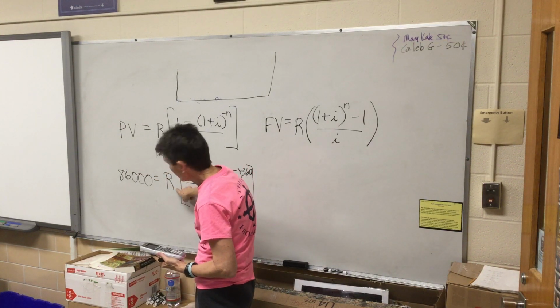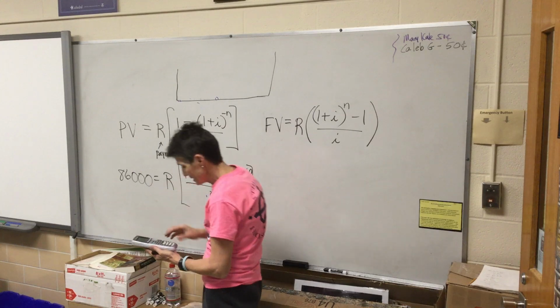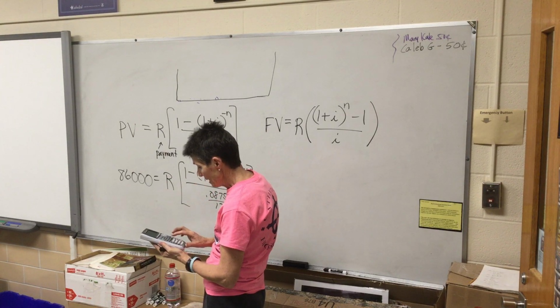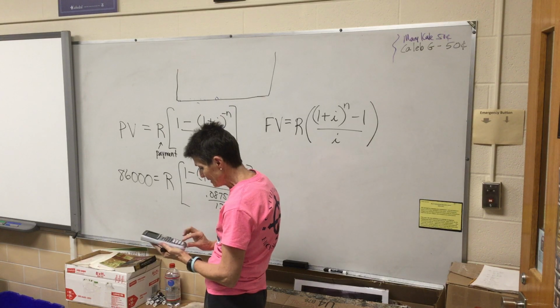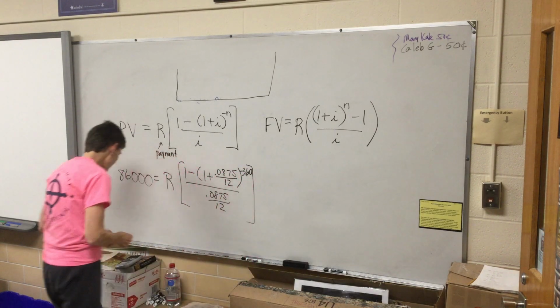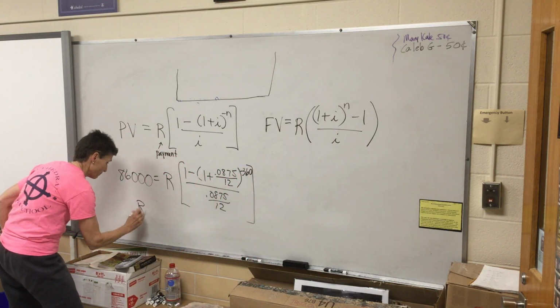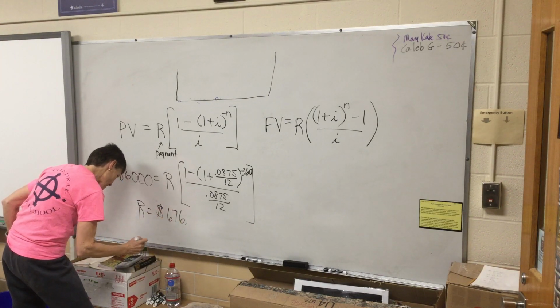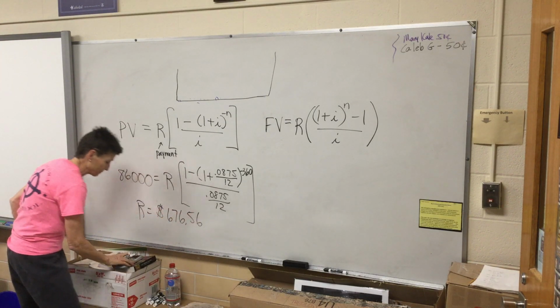You're solving for R. You're just going to take 86,000 and divide it by second answer. And his house payments are $676.56.